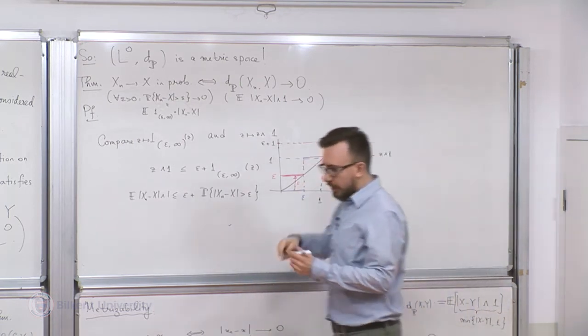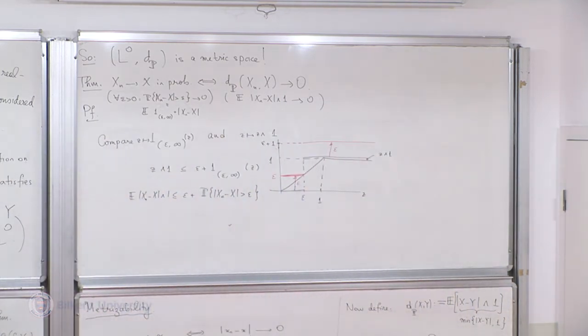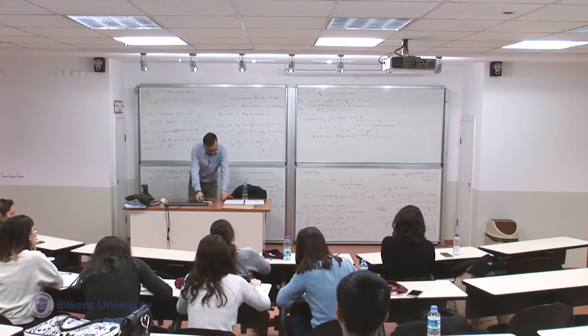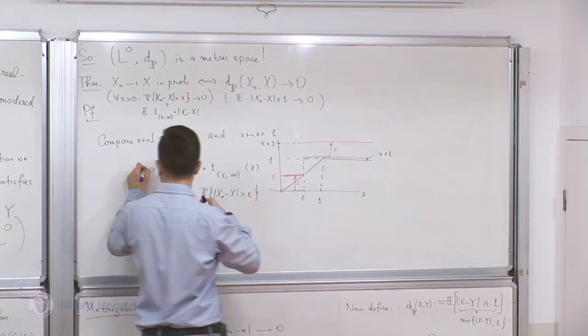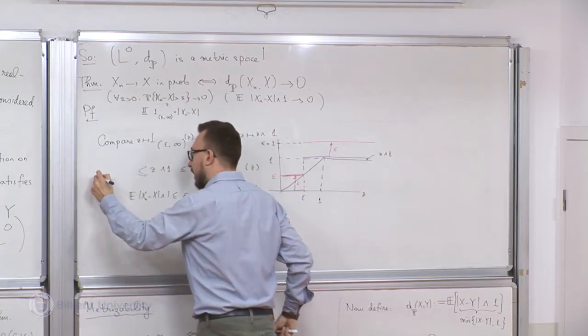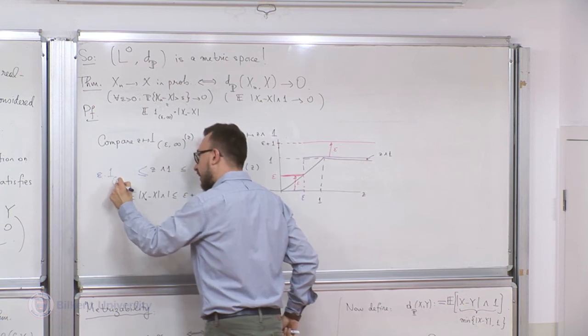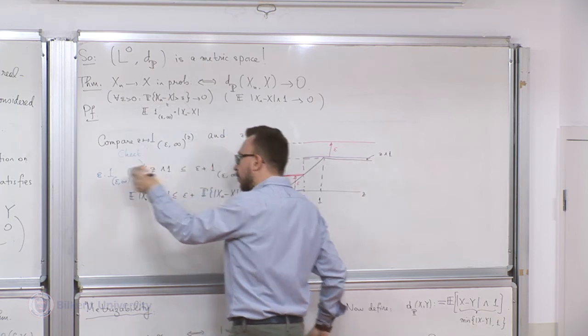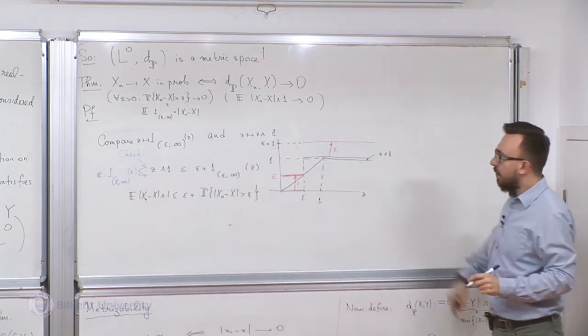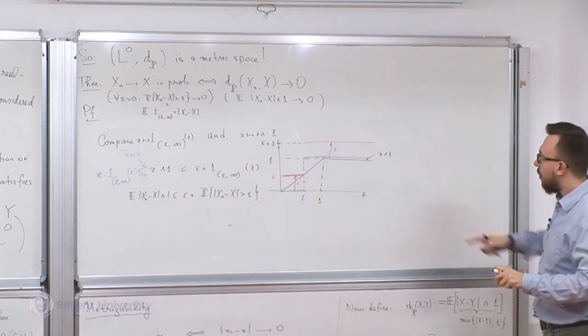For the converse, there is a similar idea. Let me write it in blue maybe. You can also check that this is less than epsilon times the indicator. You can draw the picture for that blue curve.